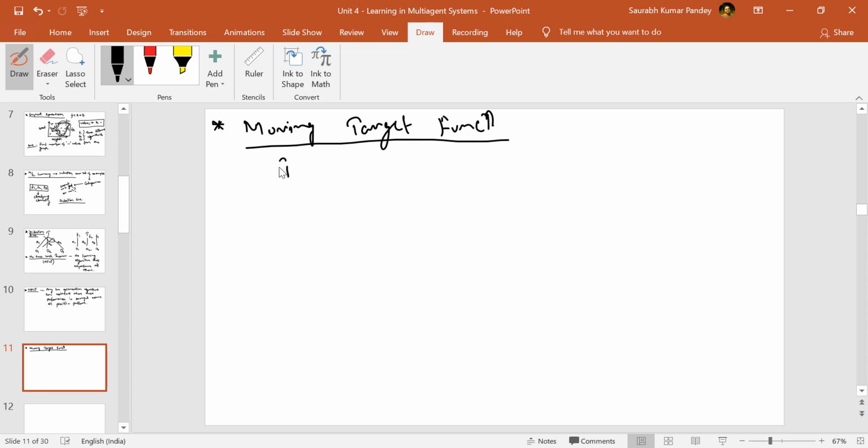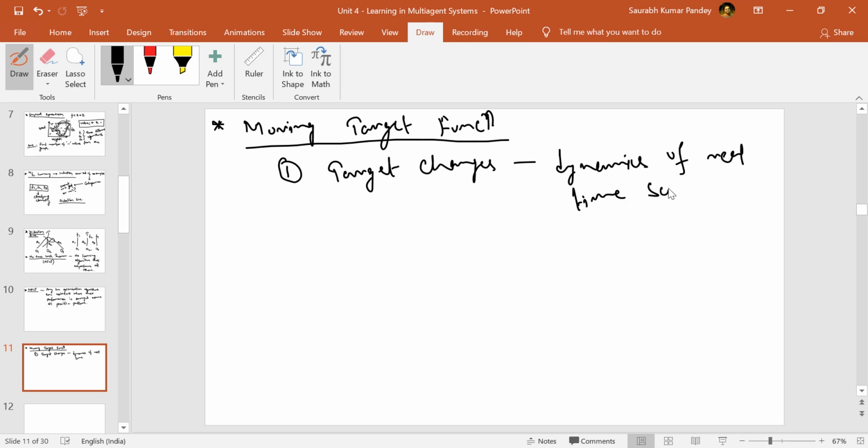Here the target changes, which means the goal changes. And what is the reason behind it? It happens because of the dynamics of real time situations. Because of the real time environment, the target always changes.